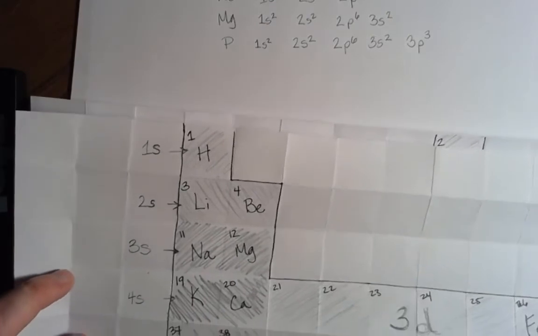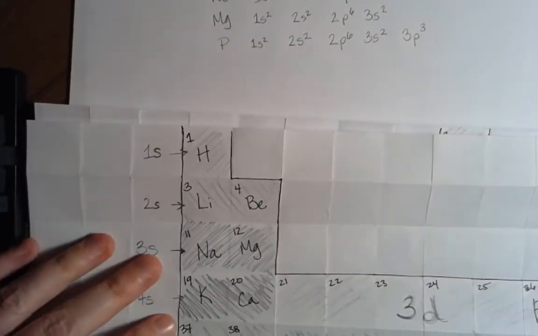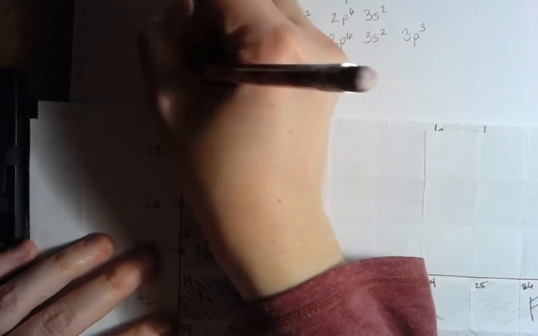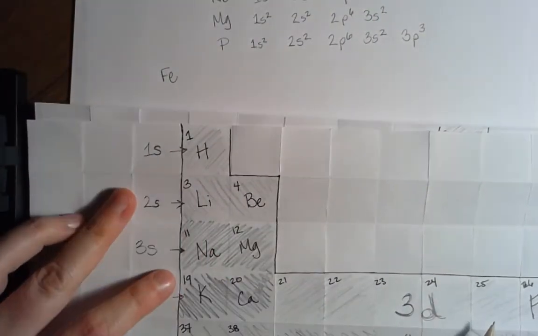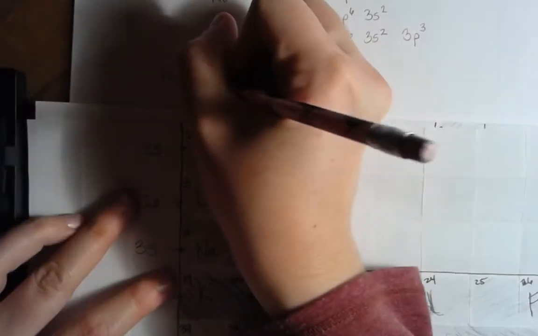26 electrons. We're going to write out the whole core. Let's do 2 more long ones and then show you the short ones. Okay, so iron has 26. I'm going to do some of this a little bit faster and start saying the words for it. So it's got a full 1s. We say 1s2.